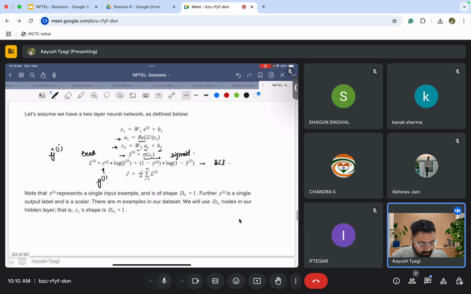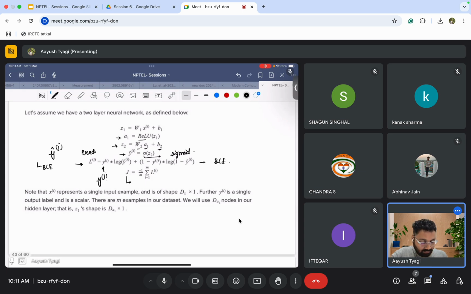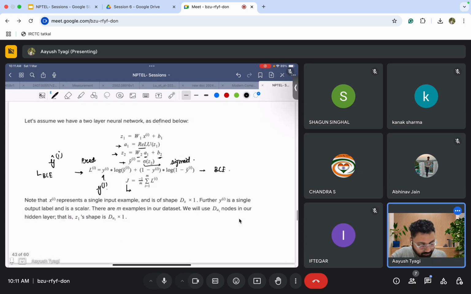And you compute the loss. This loss is binary cross entropy, and you do that for all the samples, right? So suppose there are m samples in your data set.